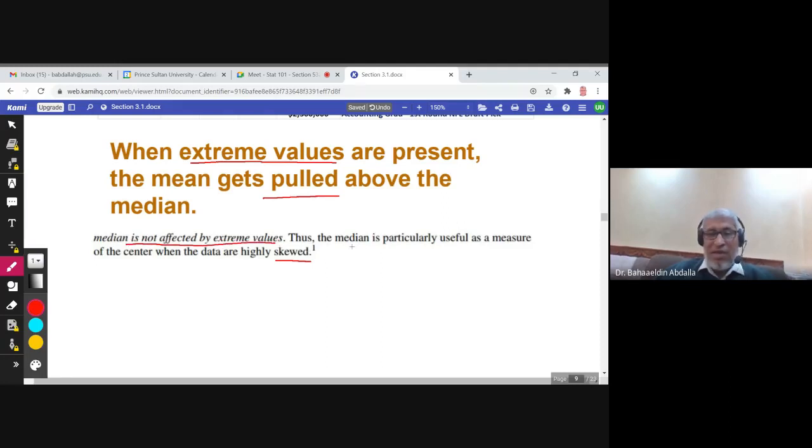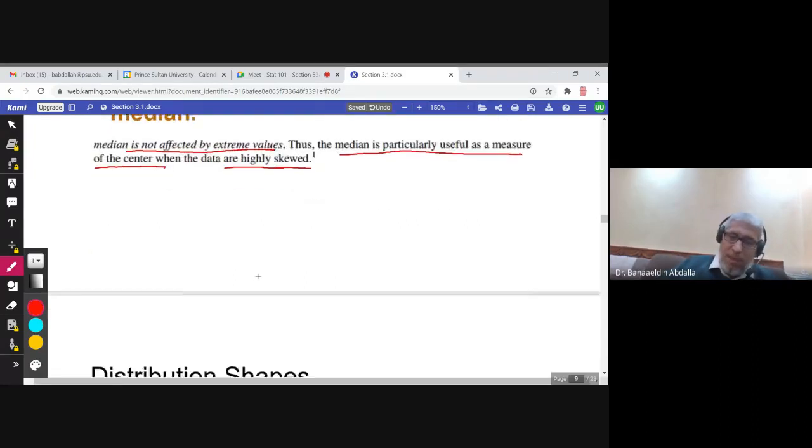So if you have extreme values in the data, the median would be a better and more useful measure of the center in these types of data. If the data are highly skewed, then use the median as a measure of the center because the mean will be affected by the skewness.